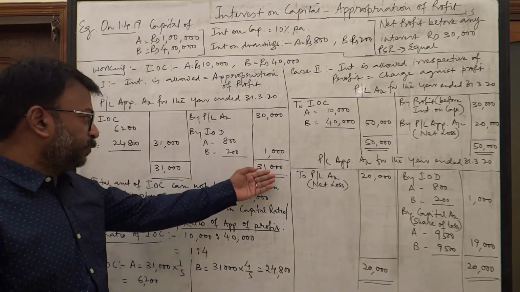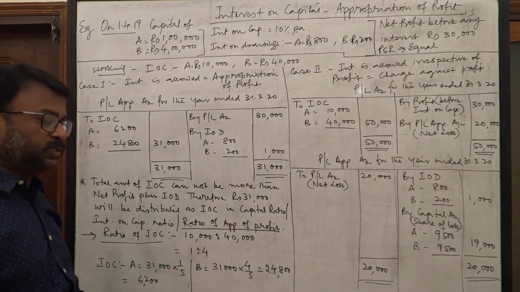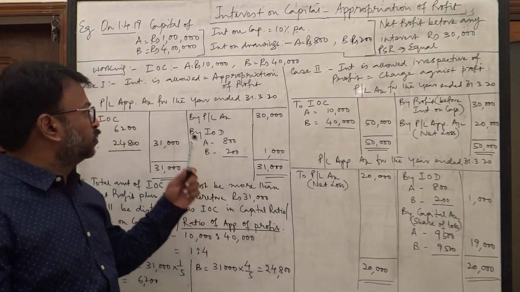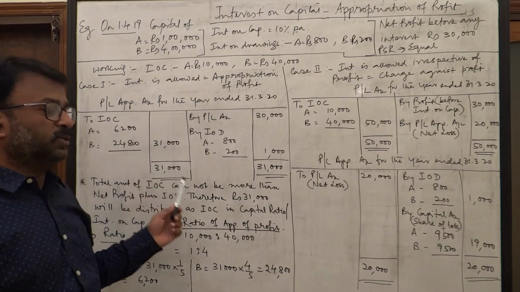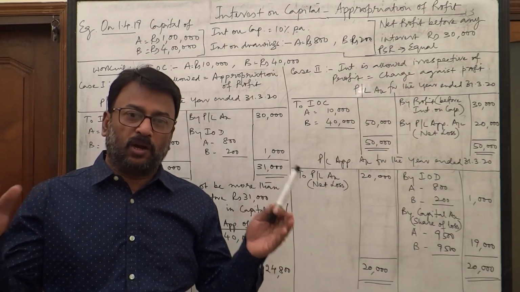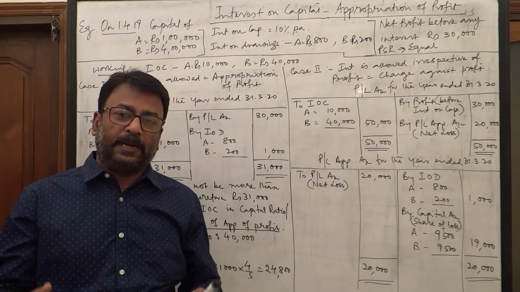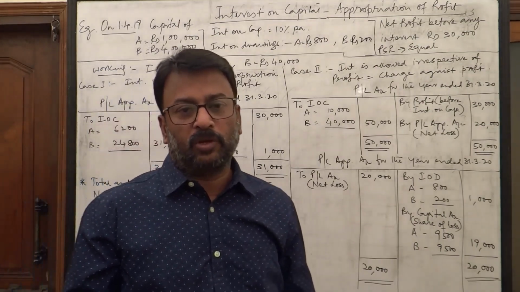Now, if I distribute 31,000 in 1:4 ratio, it comes to 6,200 and 24,800 rupees. So 6,200 and 24,800 rupees, altogether it is 31,000 rupees. It means when interest is allowed, the partners cannot enjoy the entire amount of interest on capital.